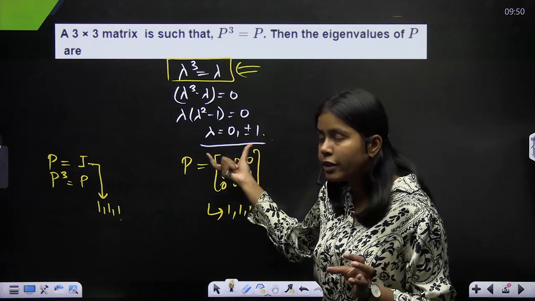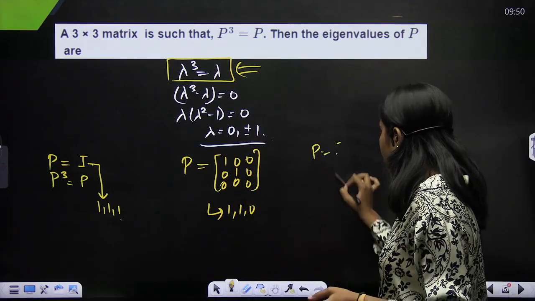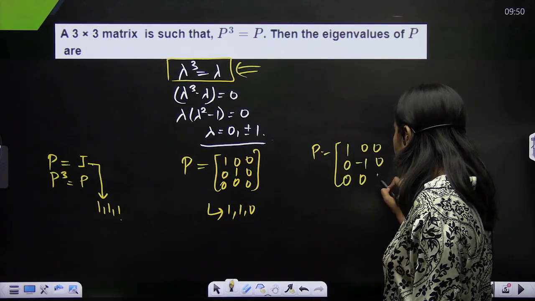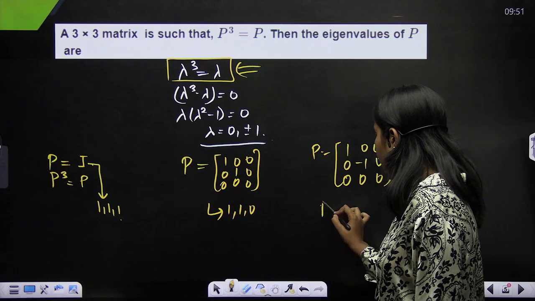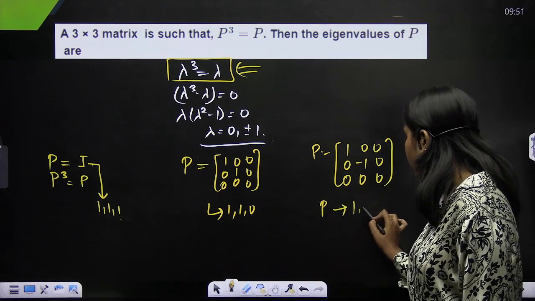It would not always be true that all of 0, 1 and minus 1 appear. If I take another matrix, let's say 1 0 0, 0 minus 1 0, 0 0 0, P cube equals P gets satisfied, but the eigenvalues here are 1, minus 1, 0.